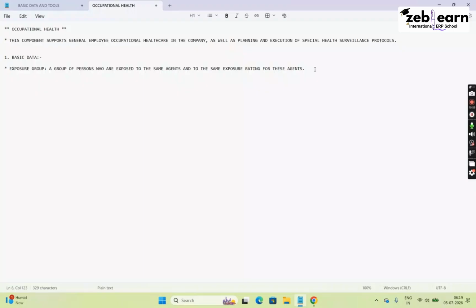So let's assume there are 15 employees who are working near that furnace. Because of the heat that is getting generated, do you think everybody will be affected equally? Those who are working very closely, yes, it will be affecting them if they have not taken any precautions.